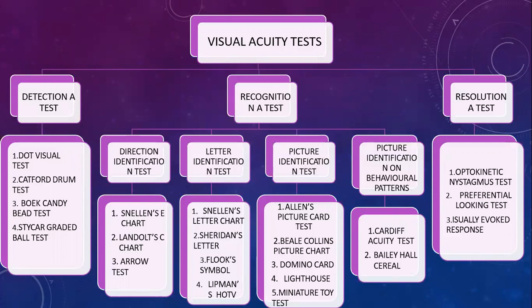Recognition tests are mainly about directions; they include letter identification, picture identification, and behavioral patterns. In resolution, they have optokinetic nystagmus and preferential looking tests. So these are the different tests available.